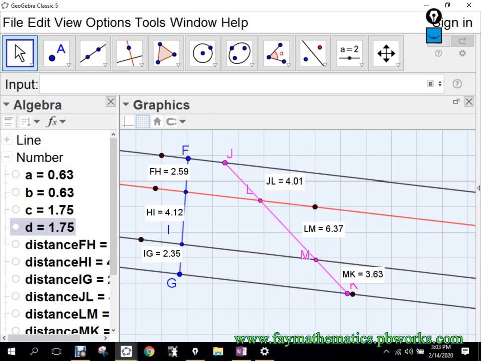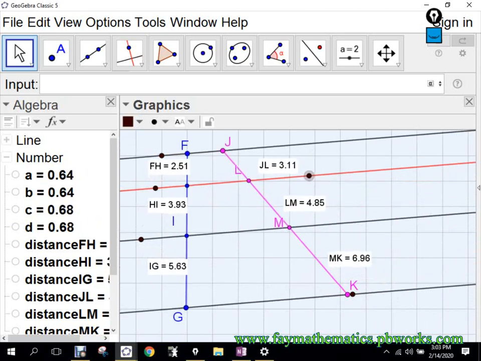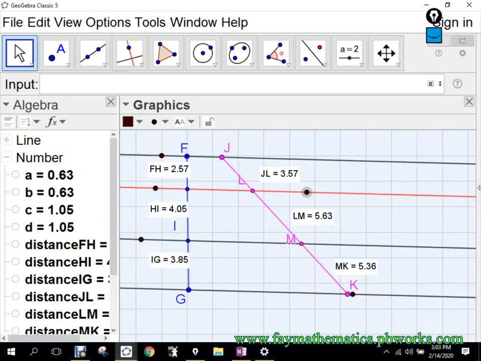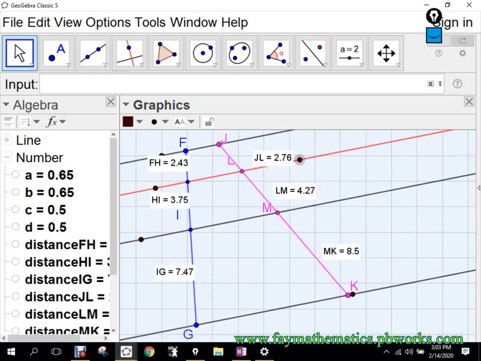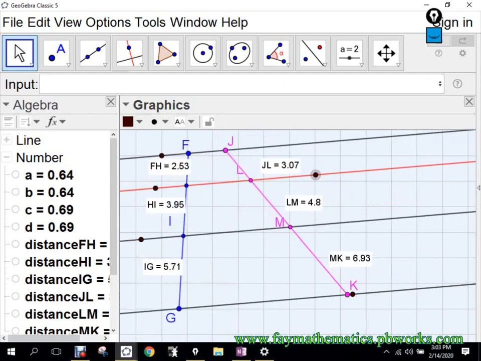Even though all the individual values are different, the comparison of that segment to this one is the same as that one to that one. I can move these lines around as much as I want, and when the values change, these groupings are still the same.